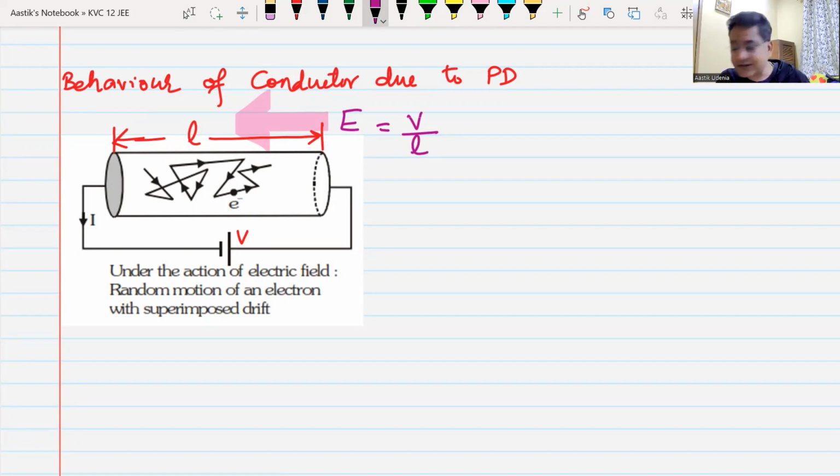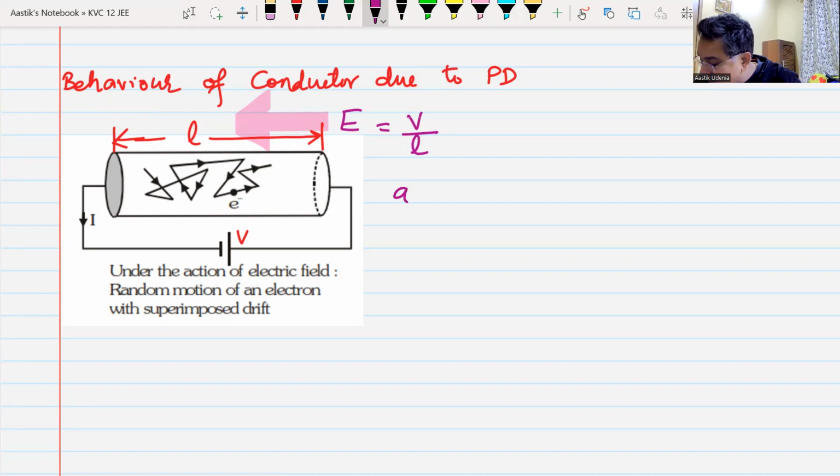Now, because of this electric field, electrons will have an acceleration opposite to the direction of electric field. The electric field is applied in the right to left direction, so the electron will have an acceleration in the opposite direction. Yes or no? Yes, sir.